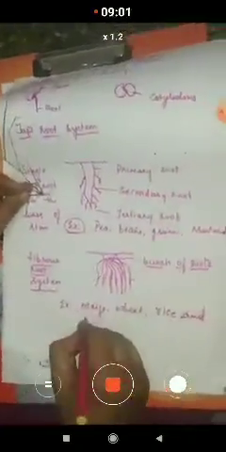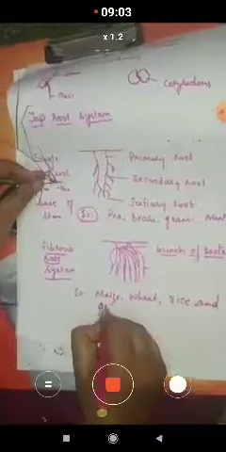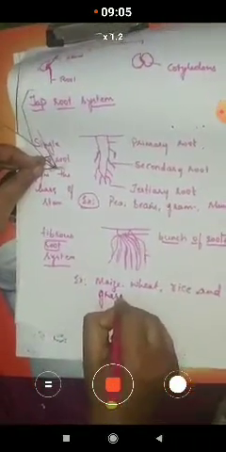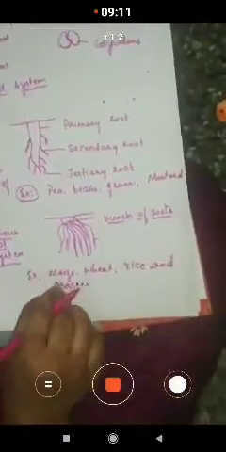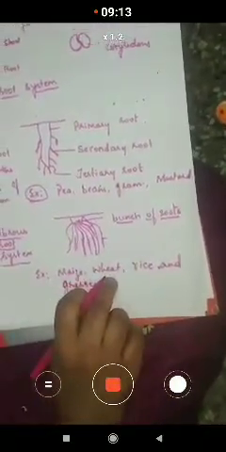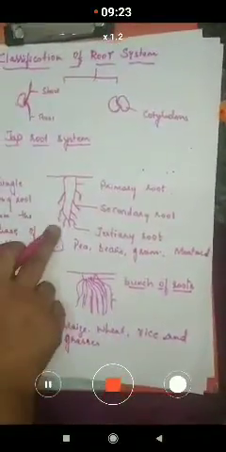The grass comes under the example of the fibrous root system. So I think you have understood from seeing the seed. If the seed contains a single cotyledon, it possesses the fibrous root system. If the seed contains two cotyledons, it possesses a taproot system.